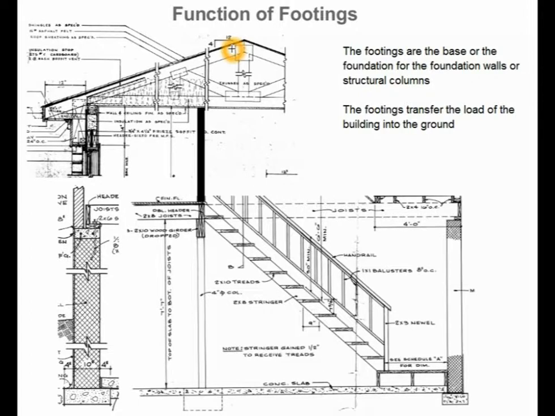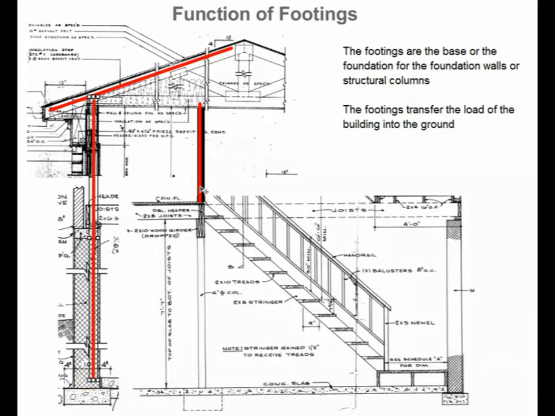The function of the footings is to distribute the load of the building. The load is distributed from the roof down through the studs in the exterior and interior walls. The load is further distributed down to the foundation walls.